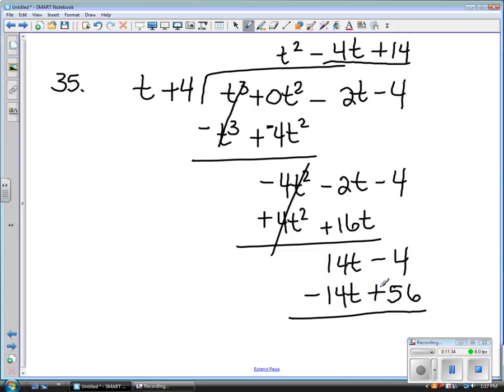Okay, now we'll subtract. So it's 14t minus 14t. What's negative 4 plus negative 56? There's nothing else for me to bring down, so this needs to go up top. So this is a negative 60, so it's going to be minus 60 over t plus 4. Okay? Questions on that one?